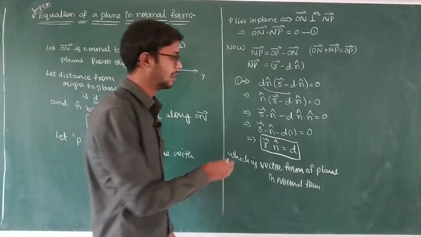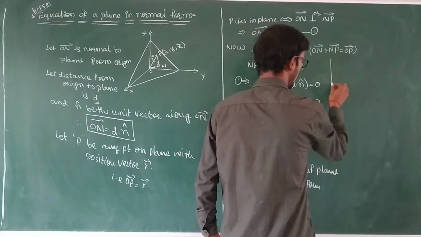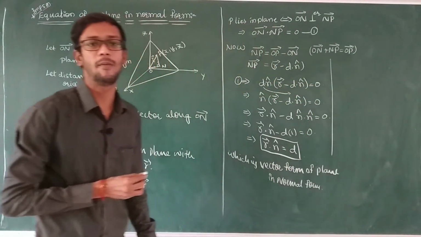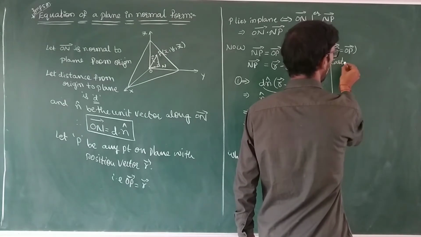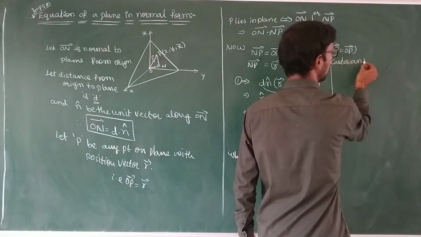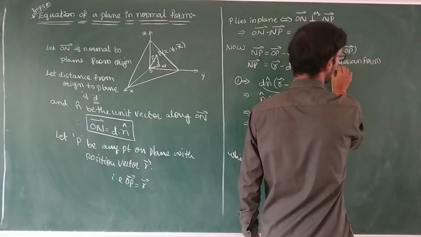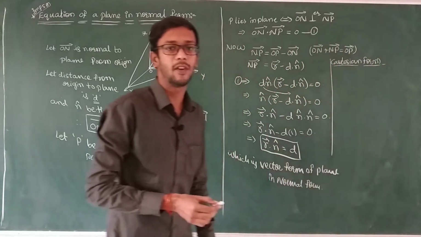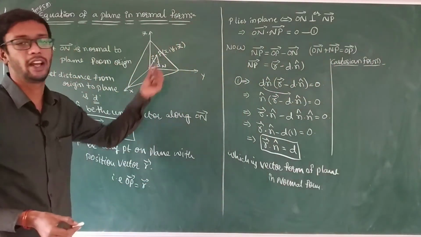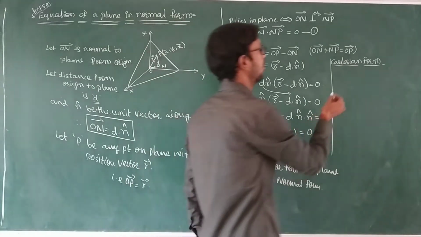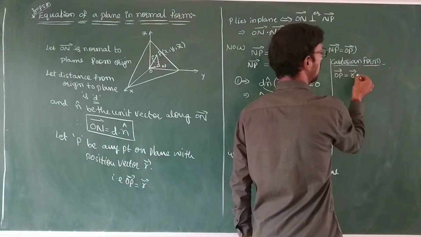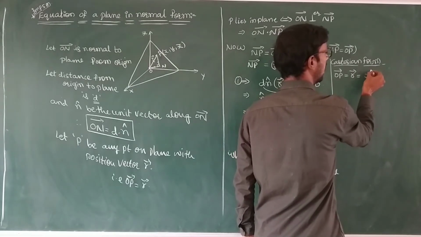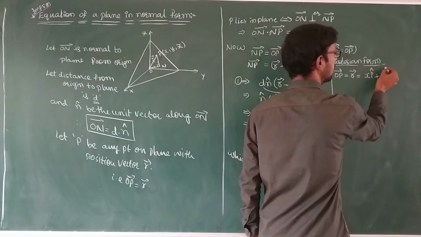So next step: this is the vector form. Next, the Cartesian form. Let P be a point x, y, z. Therefore, OP bar equals r bar equals x i cap plus y j cap plus z k cap.